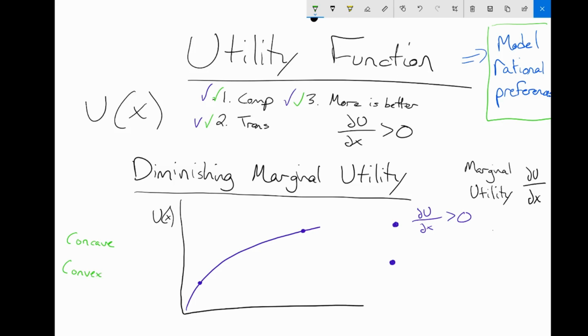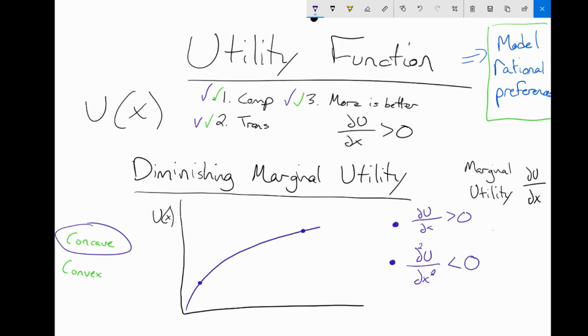What does this function look like to you? Does it look concave or convex? It would be concave. What do we know about concave functions? We know that the second derivative is negative.